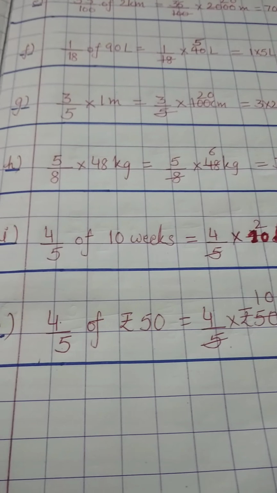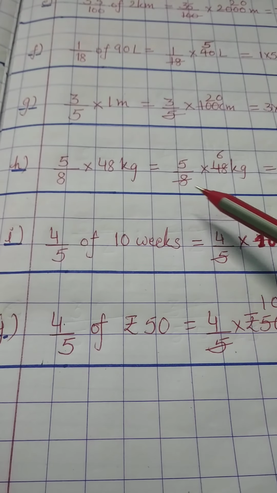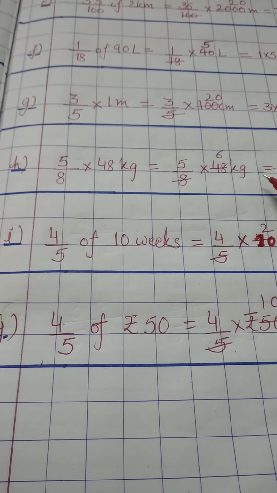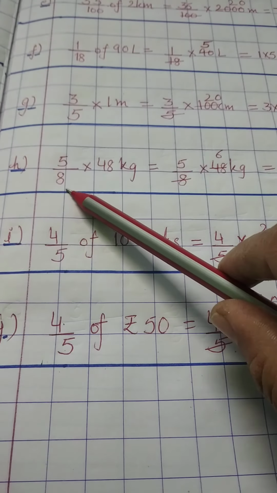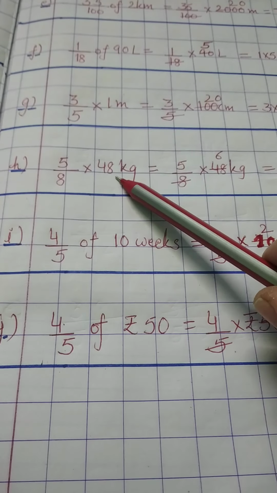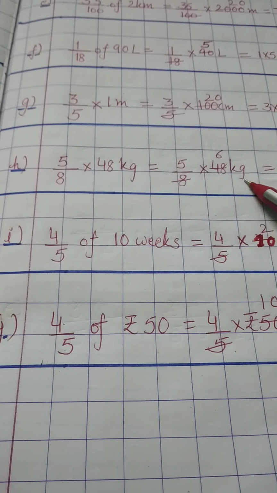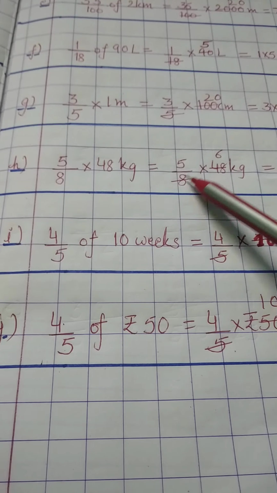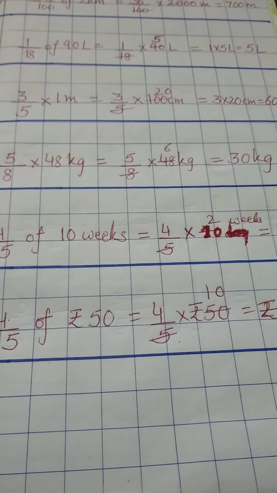Right? Then another is 5 upon 8 into 48 kg. This time we will not change kg into gram because this number is small and can easily cancel with it. So 5 upon 8 into 48 kg. 8 sixes are 48 and 5 sixes are 30 kg. So 30 kg. Right.